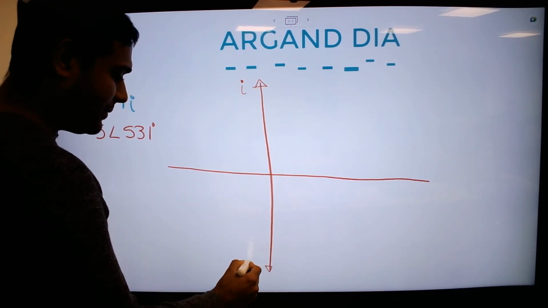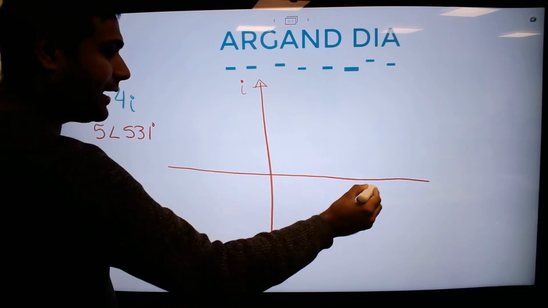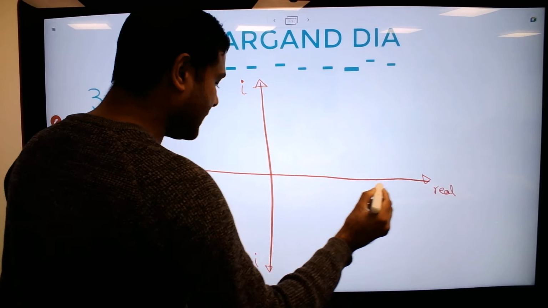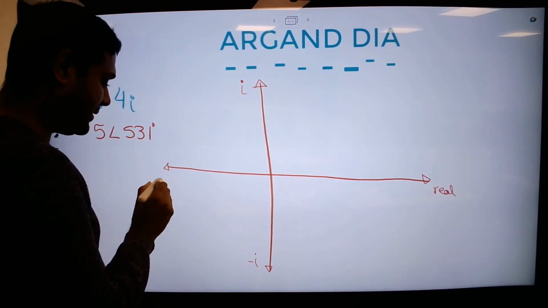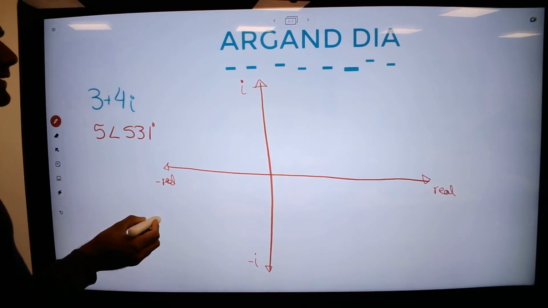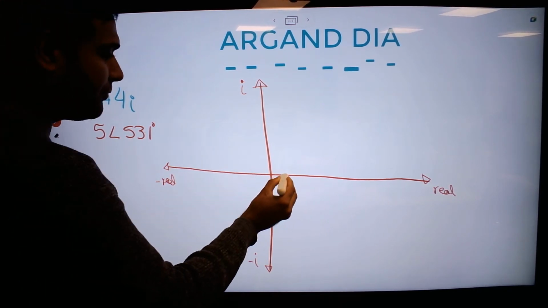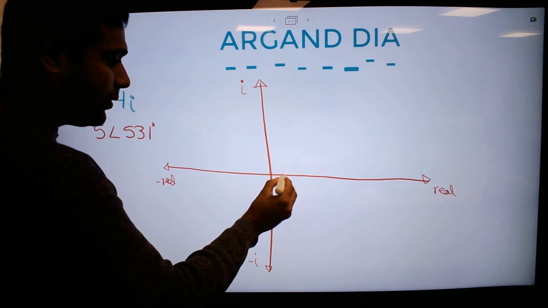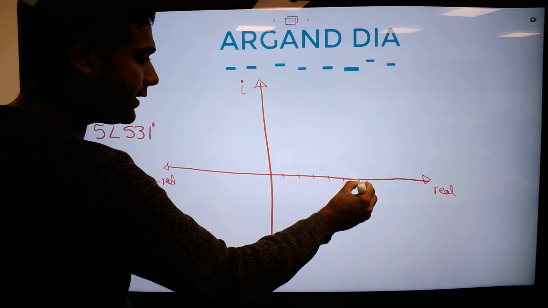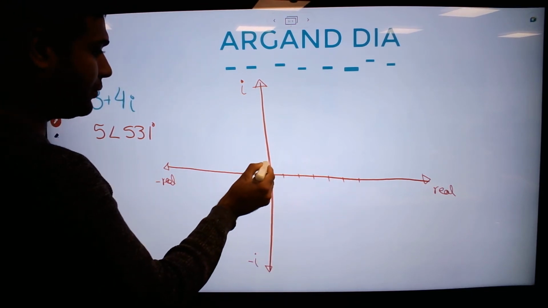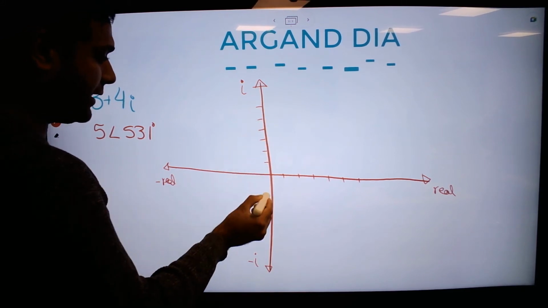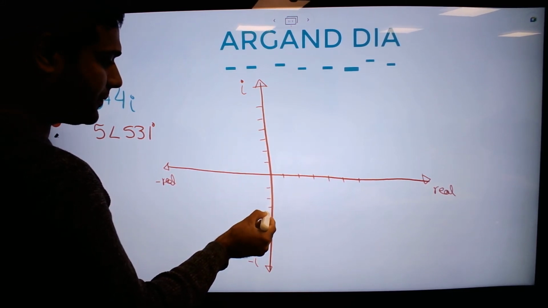This side is going to be minus i, and this is the real axis, and this is going to be the negative real axis. So on this one, let's properly do 1, 2, 3, 4, 5, 6, and 1, 2, 3, 4, 5, 6, and the other side as well.